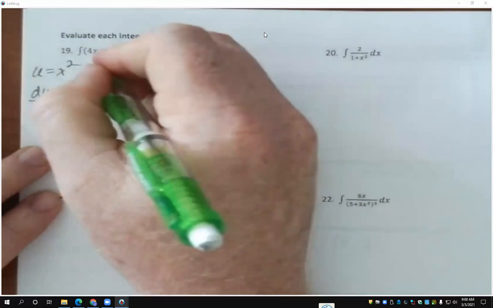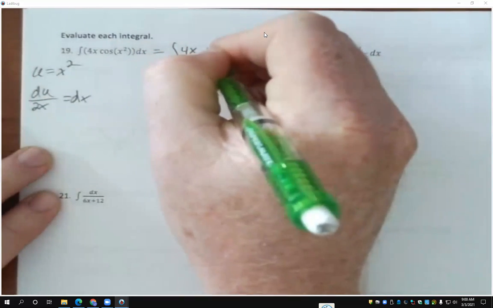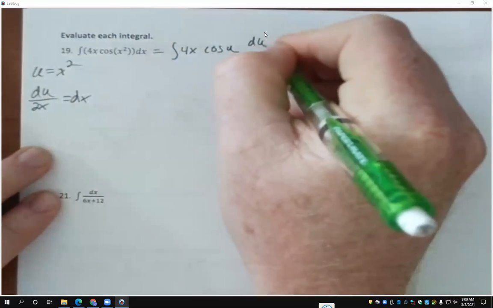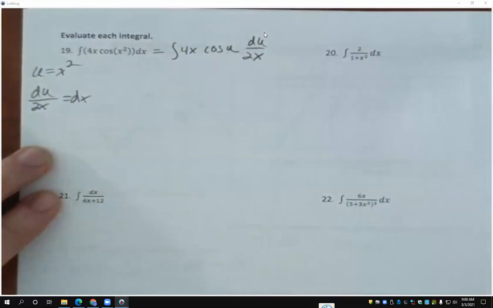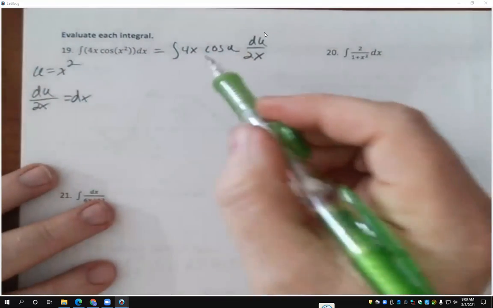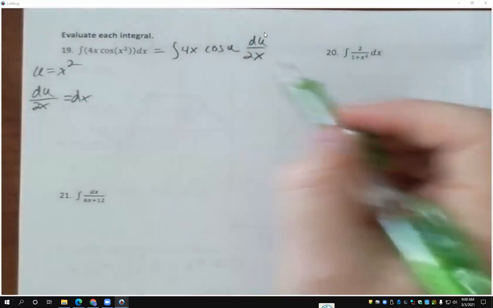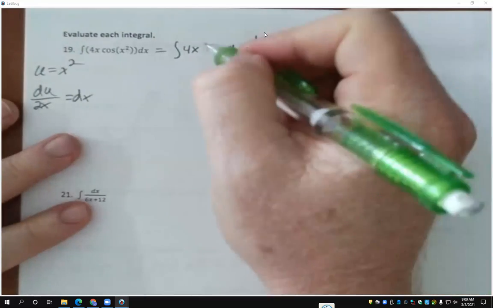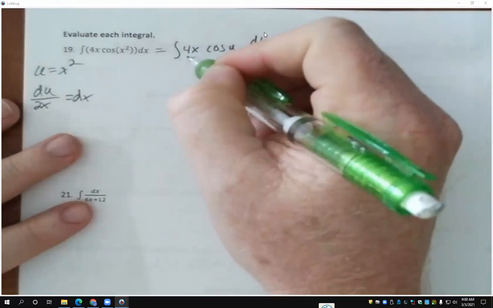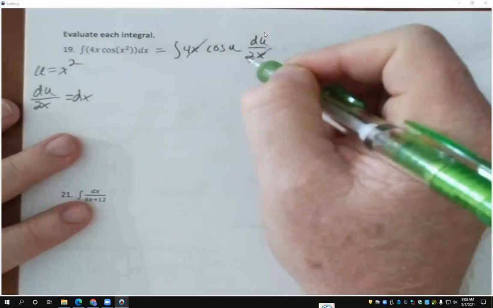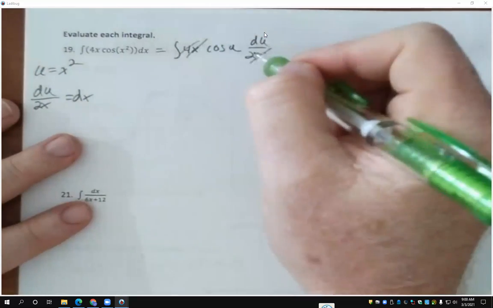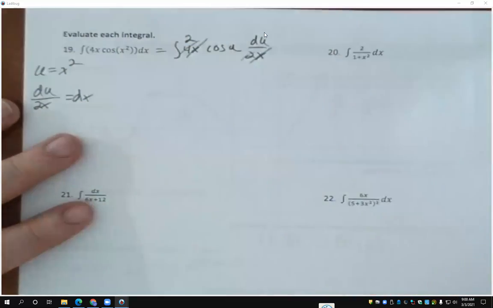Okay, so once I get my dx, I'm going to go back and substitute. It's the integral 4x times the cosine of u du over 2x. And we have to get functions to cancel. Constants are okay to keep, but we have to get functions to cancel. Okay. And this x cancels with this x, and this 4 and this 2 reduce to be a 2 up here.